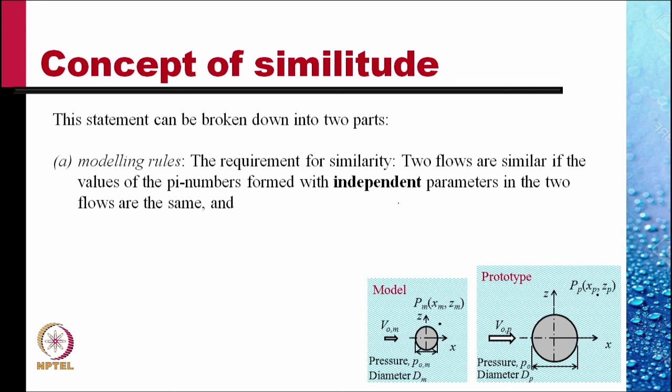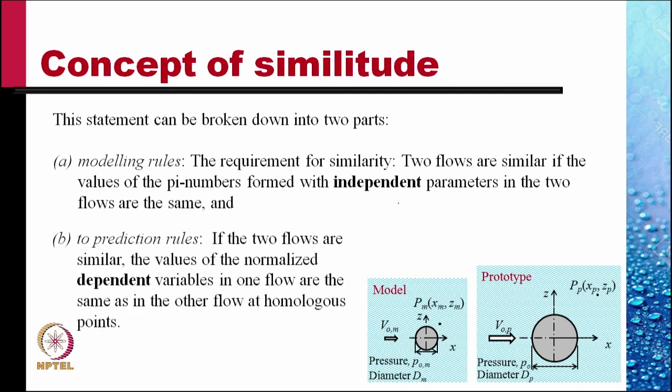These are the requirements for similarity. Two flows are similar if the values of the pi numbers formed with the independent parameters in the two flows are the same. And the second part, the prediction rules. If the two flows are similar, the values of the normalized dependent variables in one flow are the same as in the other flow at homologous points.